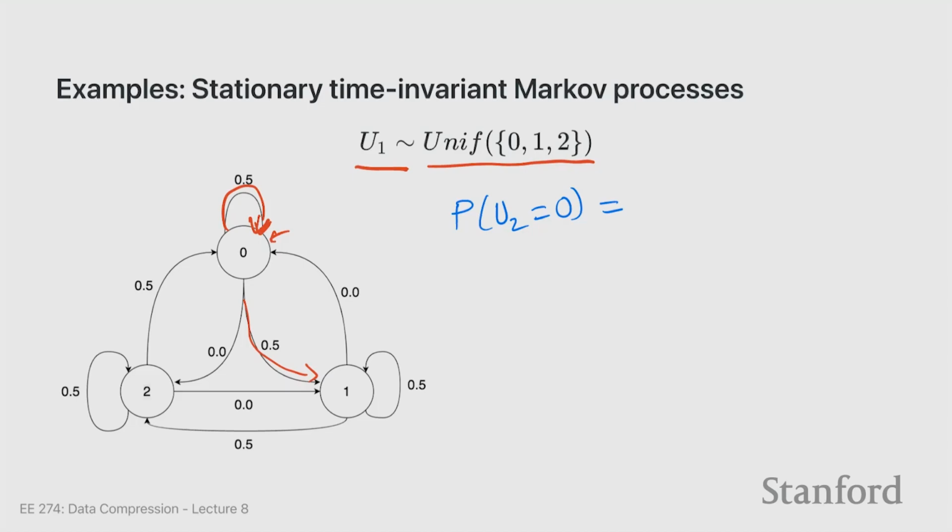Okay, so now let me do this math, and stop me whenever you don't like it. Can somebody tell me what this rule is called, this step that I just performed?